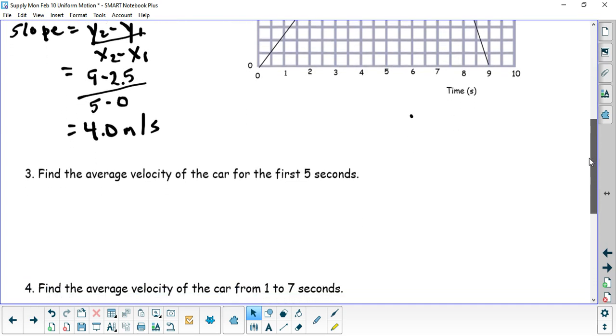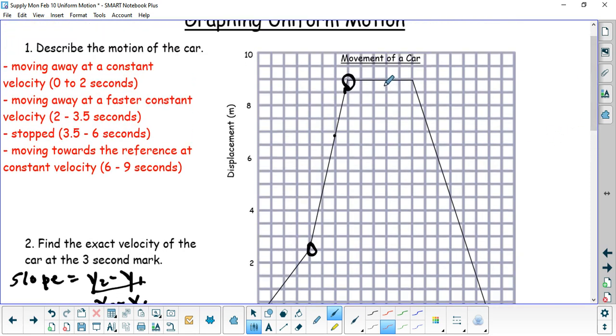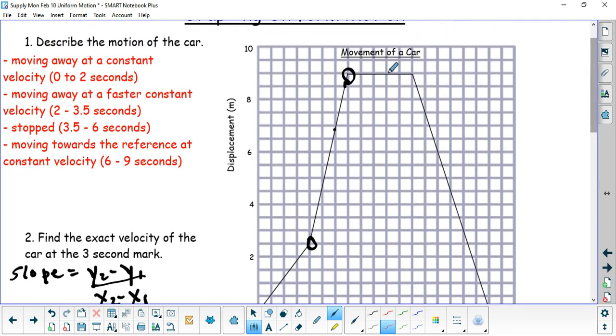The next question asks me to find the average velocity for the first 5 seconds, which means I want to know what is the velocity when I consider going from this point to this point up here. So there it is right there. Now, when I think about that, a lot happens, right?